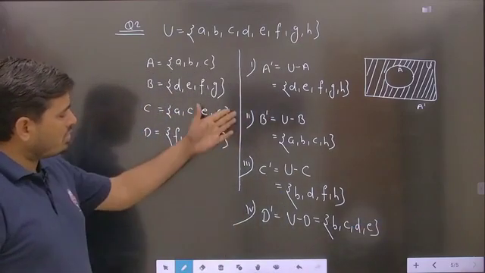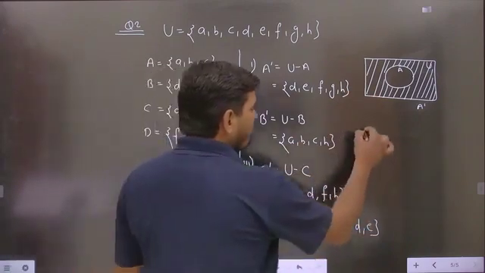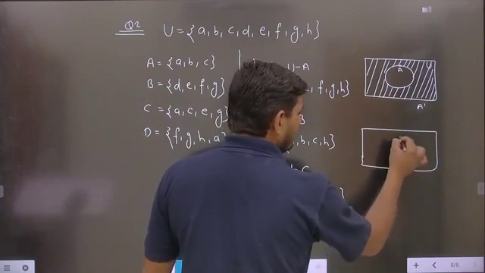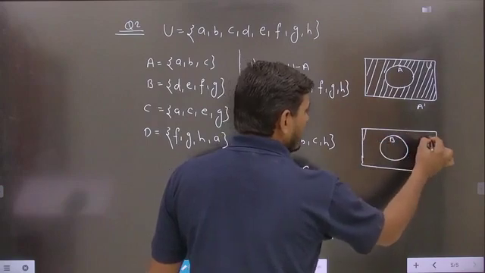These 3 parts also have the same kind of Venn diagram. Suppose the Venn diagram of B dash is to be made here. You make the set B, and this is the universal set.